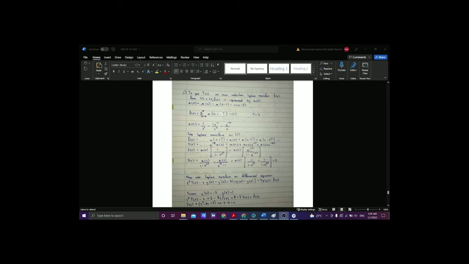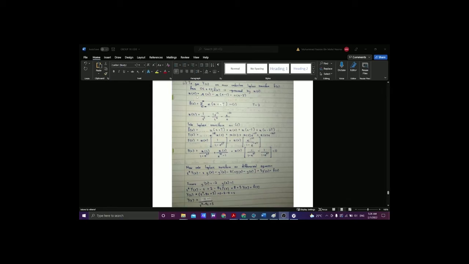And for question 2, to get the Y(s), we must calculate the Laplace transform of f(t). From 0 less than t less than 2, f(t) is represented by x(t). x(t) equals u(t) minus u(t minus 1) minus u(t minus 2).